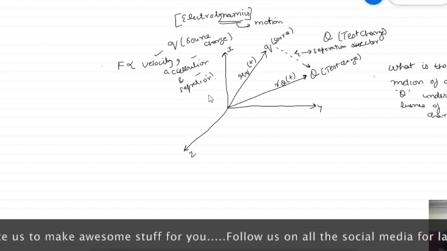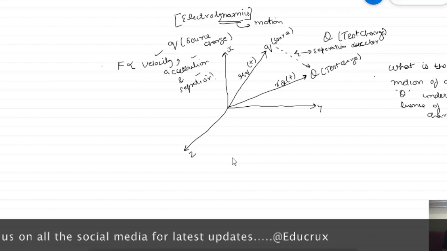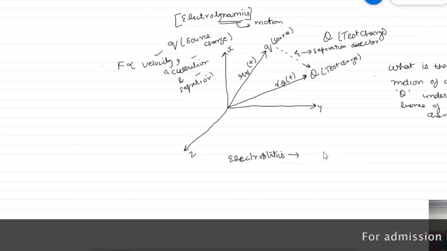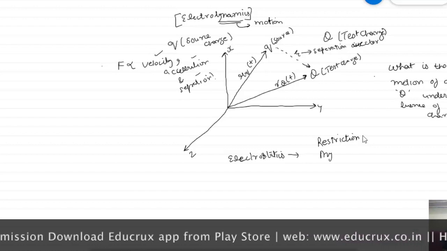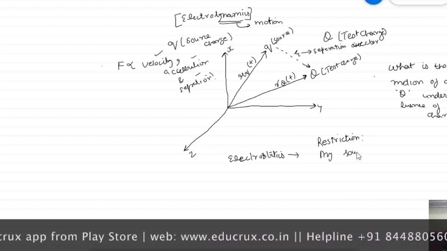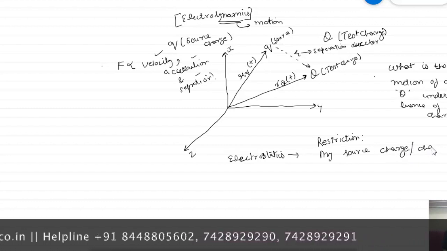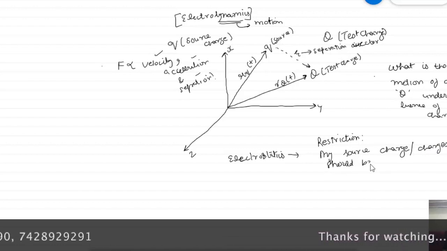First, we will try to understand an easier problem or an easier picture. That's why we first study electrostatics. In electrostatics, we put a restriction that my source charge or charges should be static.